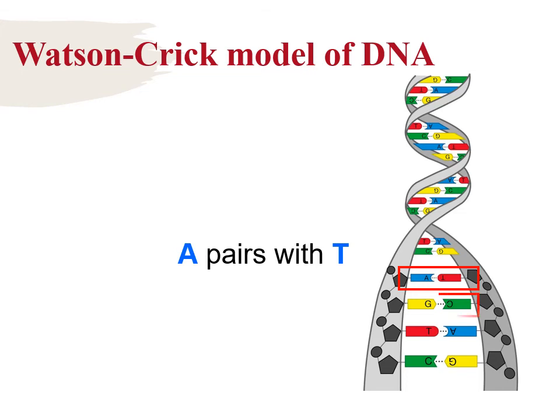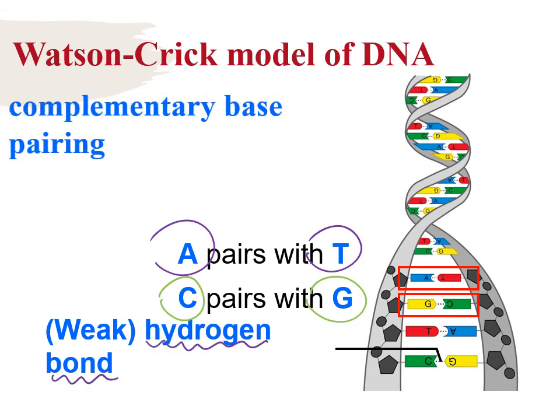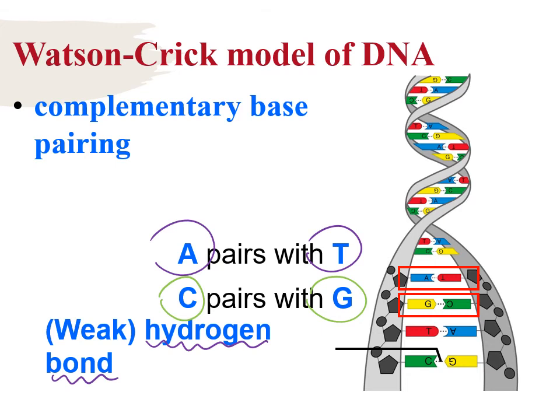They concluded all the findings of scientists and said that A must pair up with T, and C must pair up with G, and they are paired up using a very weak bonding. We call it the hydrogen bond. And we call this pairing, A with T, C with G, a complementary base pair, a matching partner base pair.